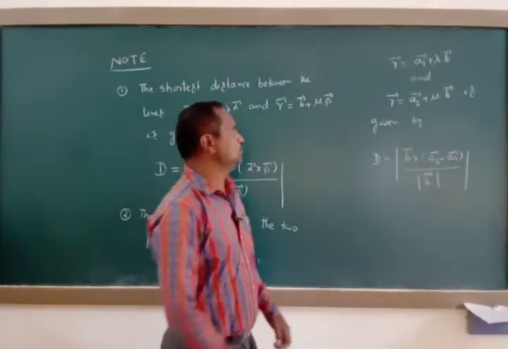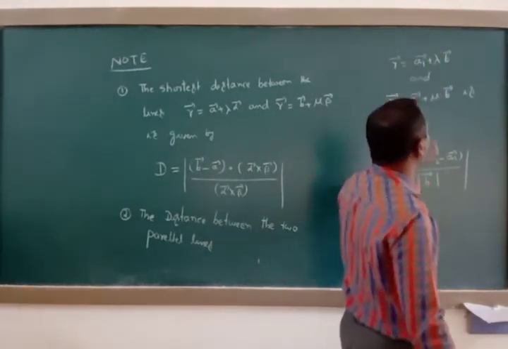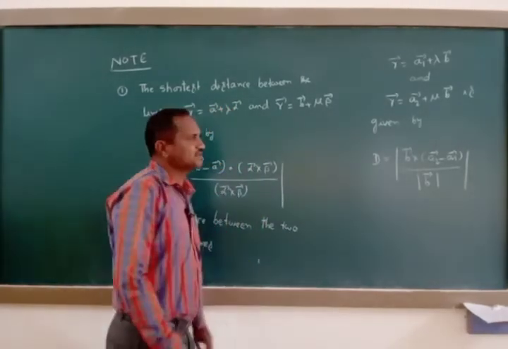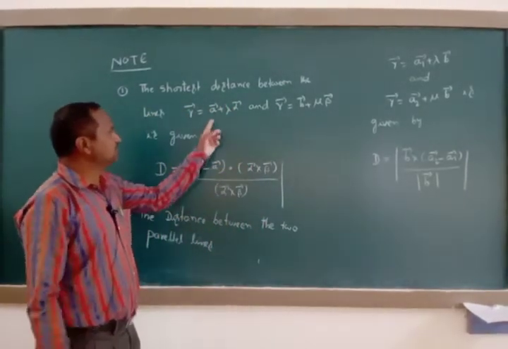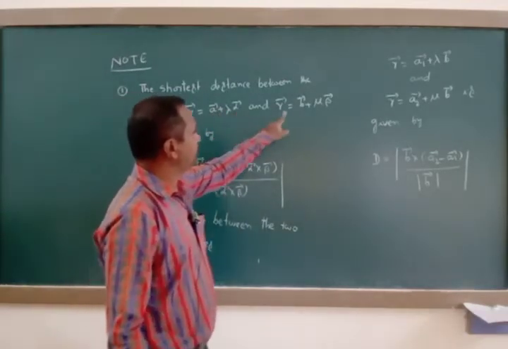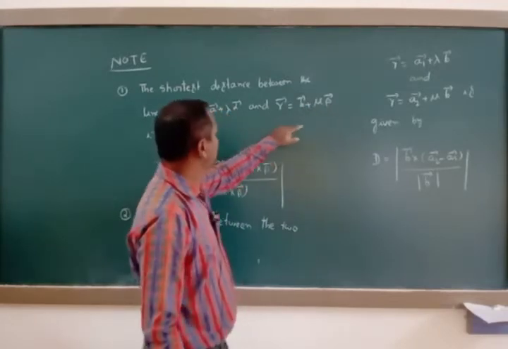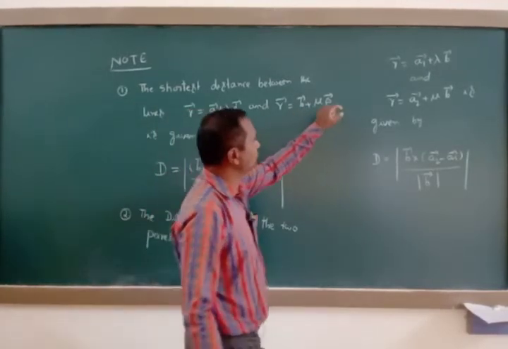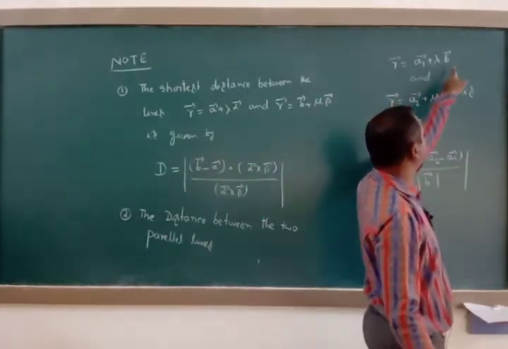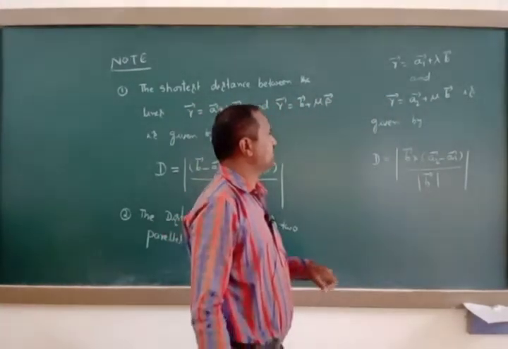When the last two vectors in the given two lines are the same, then we call them parallel lines. If the last two are different, they are skew lines. See, if you observe here, A vector plus lambda into alpha vector, and B vector plus mu into beta vector: here these two are different, here also these two are different, but in the parallel case the last two are the same.